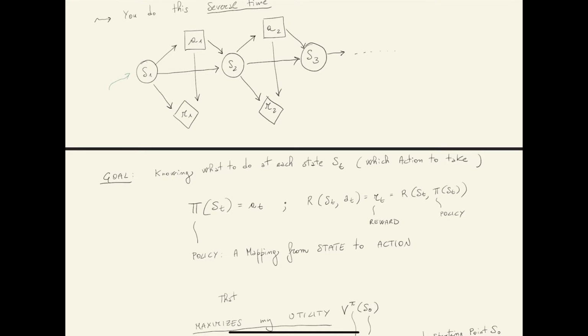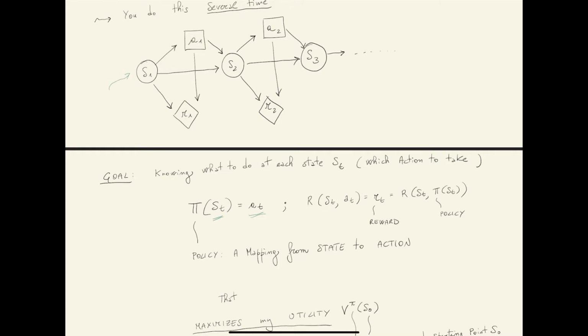So we want to know what is called a policy, this pi function of St, which is basically a mapping from the state St to the action At. Basically, it means that for each state St, we know what is the best action to take. And so pi is our policy.